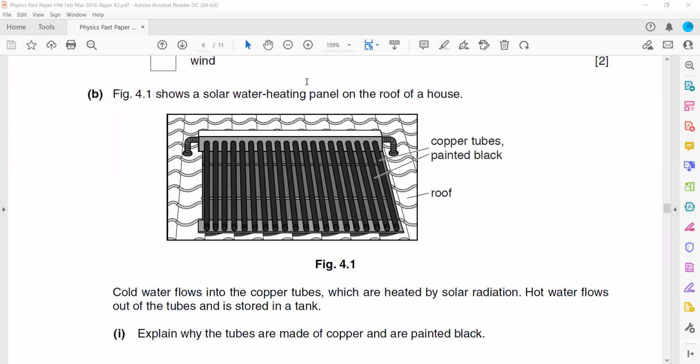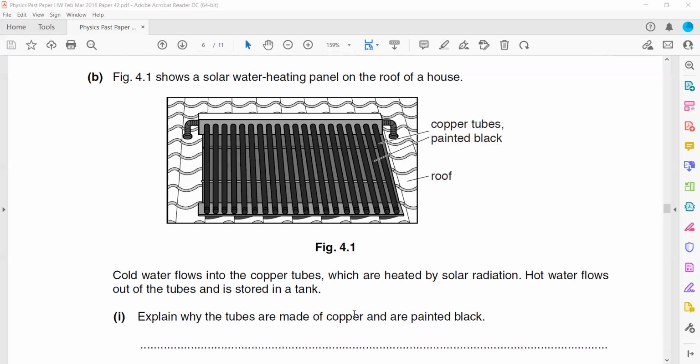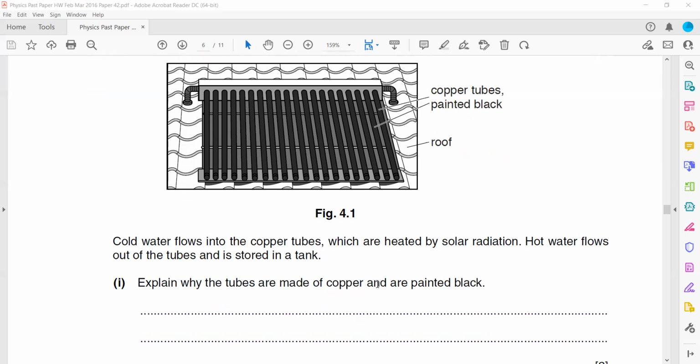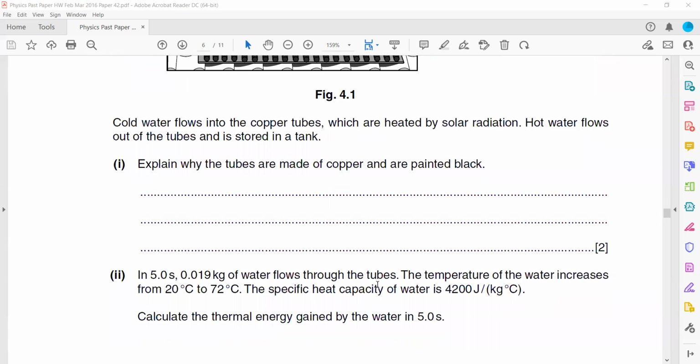Basically, the copper is painted black, so as water flows, it absorbs the heat energy and comes out as hot water.